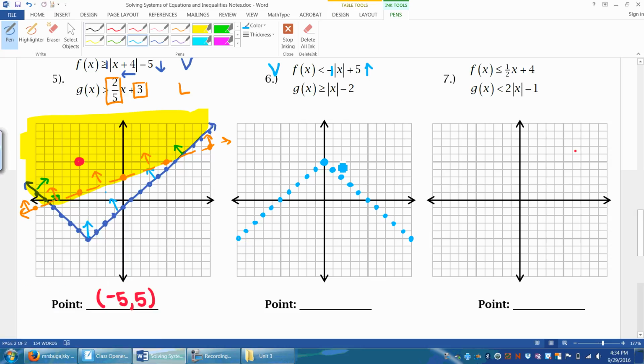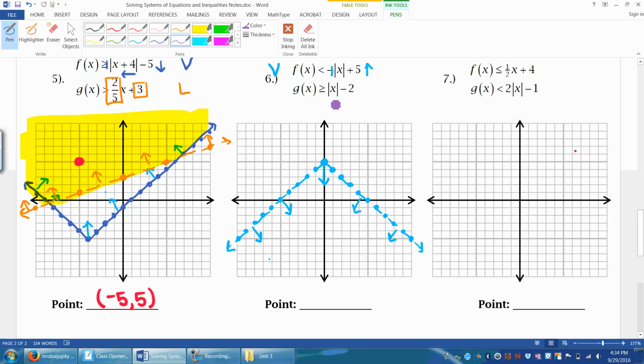It does not have an equal to symbol, so we're going to draw it dashed. And the less than tells me to shade underneath the graph. So down from the vertex, anything that's inside the V on this one.